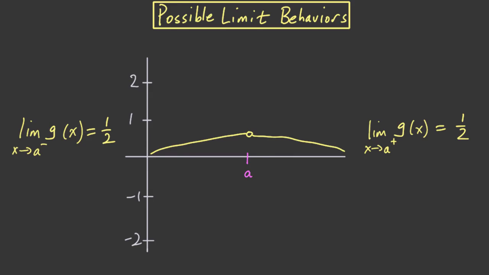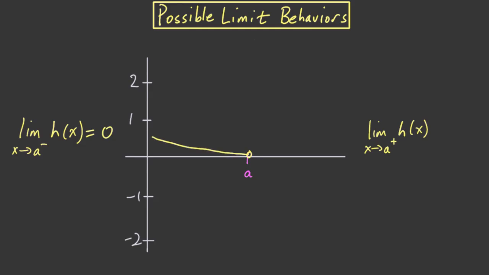But sometimes the limits themselves don't exist. So you saw another function, h, where as x approached a point from the left, the limit was perfectly fine, and I think it was 0. But coming in from the right, the value of the function just kept getting bigger and bigger and bigger without bound.